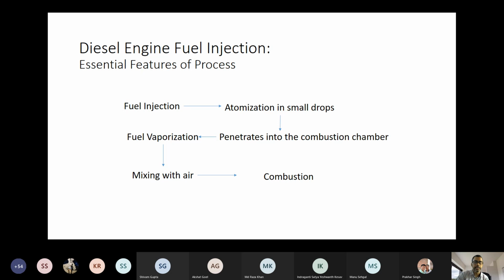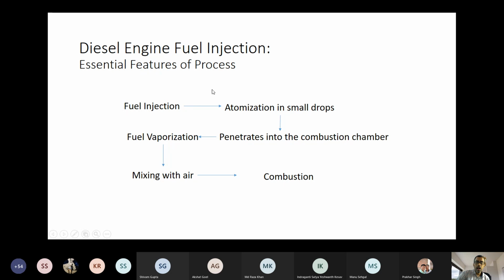So there is a wide range of variation of the air fuel ratio inside the combustion chamber. Globally, we can say it is a 65 or 50 or 18 air fuel ratio, but the local air fuel ratio inside the combustion chamber has a wide range of variation: too rich, too lean, stoichiometric.